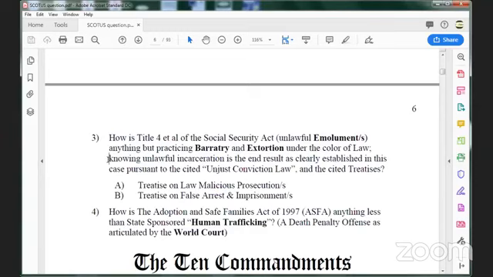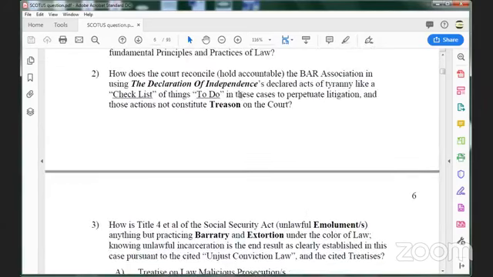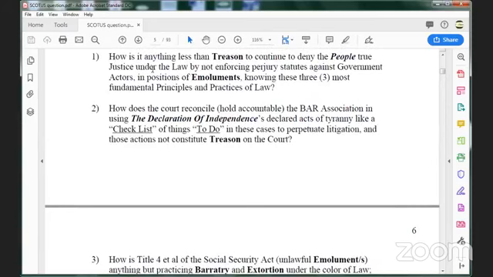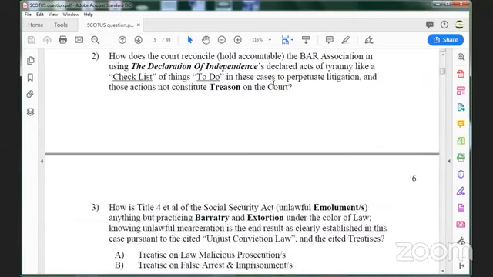All of these trespasses under Title 241 and 242. This is how I'm constructing the questions that lead to those indictments of those actors that are in positions of emoluments, right? The government actors.